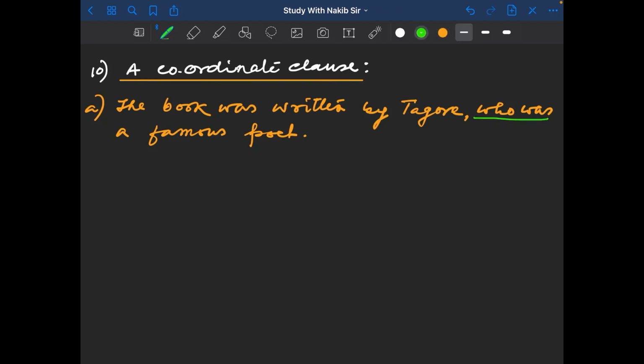Who was a famous poet? This is a continuative relative clause, written after a comma. So who was a famous poet is a coordinate clause. Who means and he. So break the sentence this way. Number one, the book was written by Tagore.